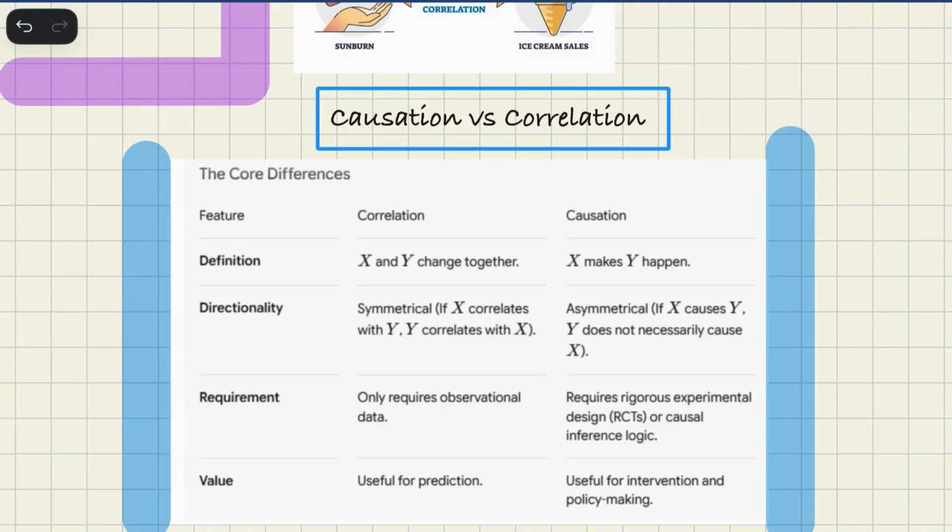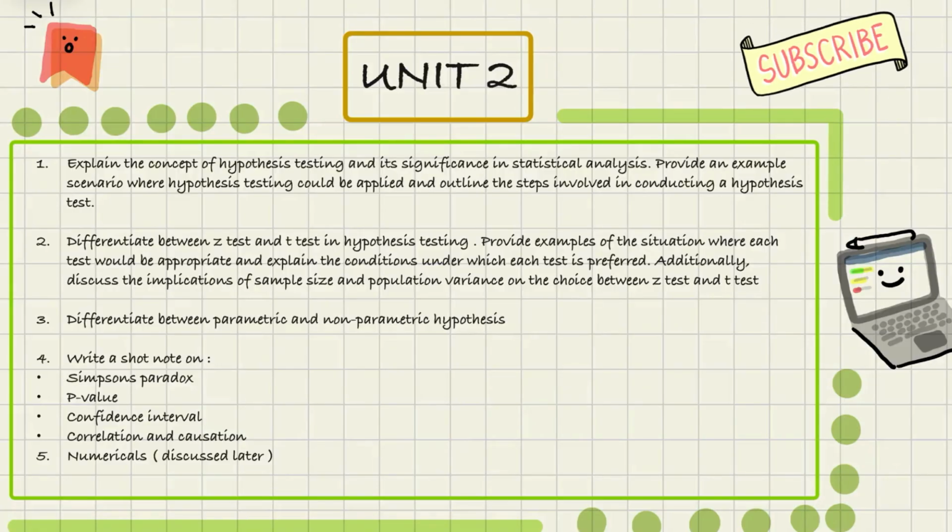Please memorize the important keywords, the important parts of statistical testing, and the important terms that govern statistical testing. All right guys, this is the end of unit 2. We have successfully discussed the entire conceptual and mathematical knowledge of unit 2 as well.